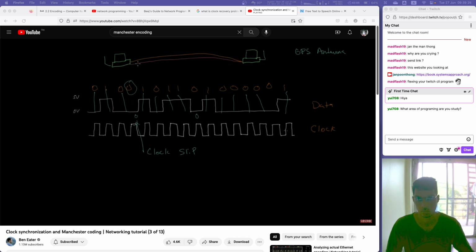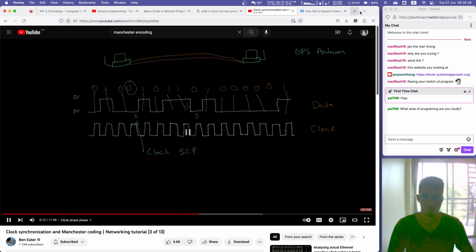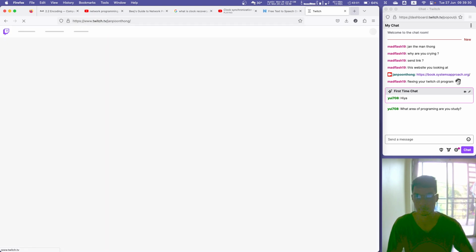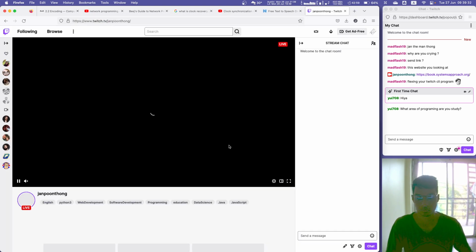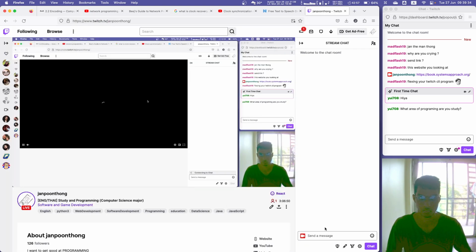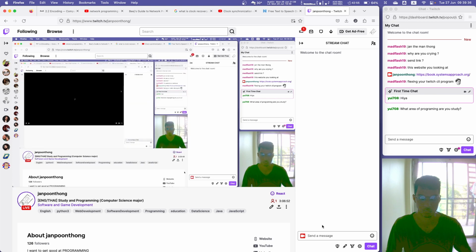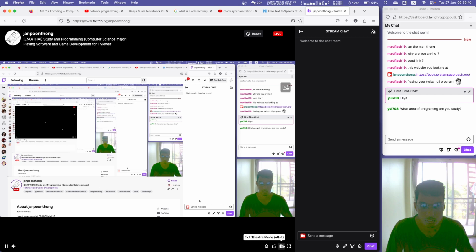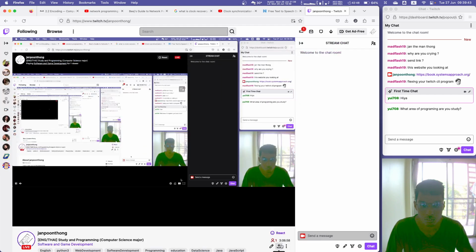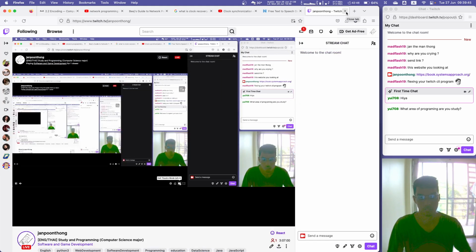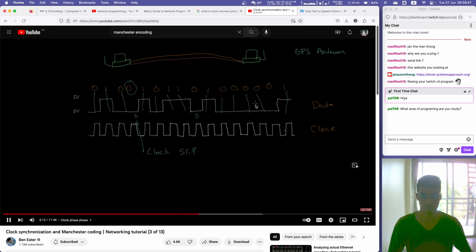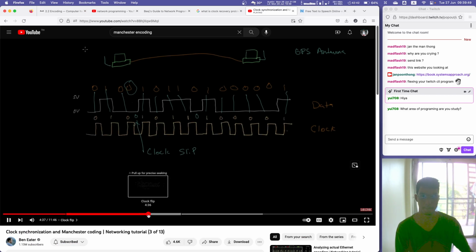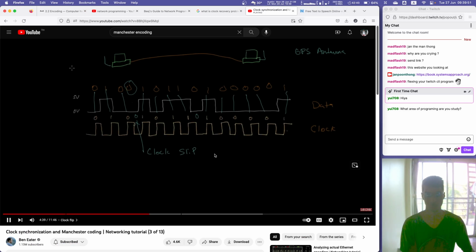It can actually receive the clock from the same computer that's sending the data.